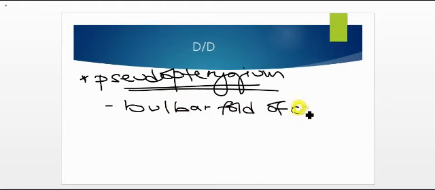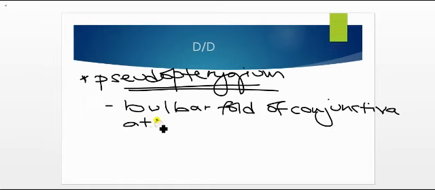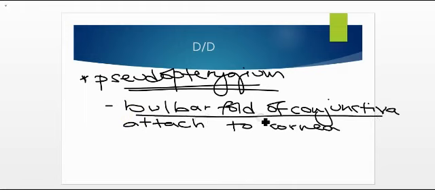Fold of your conjunctiva that happens to attach to cornea. Bulbar fold of conjunctiva attached to cornea. Now commonly why does this happen? Why does this bulbar fold of conjunctiva get attached to cornea? It is because there is chemosis.